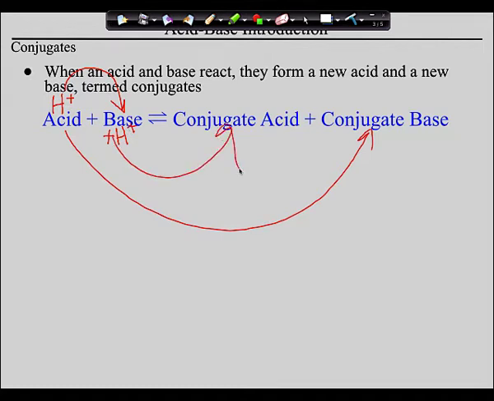An acid. Get it? So the thing that lost the proton, the acid, becomes proton deficient. It would like the proton back, making it the conjugate base, and then the base, because it now has an additional proton, would like to get rid of it, making it an acid, which we call the conjugate acid. Do you see the interplay there?